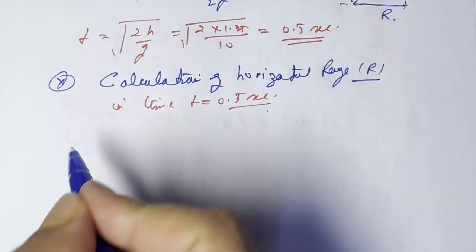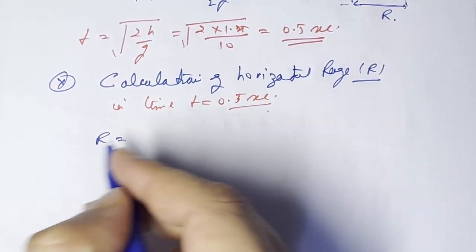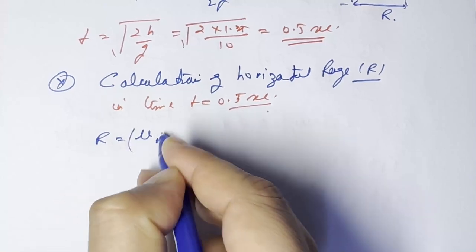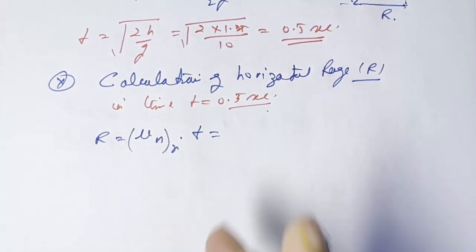R will be equal to the horizontal velocity, the velocity of the nozzle in the x direction, multiplied by time t.